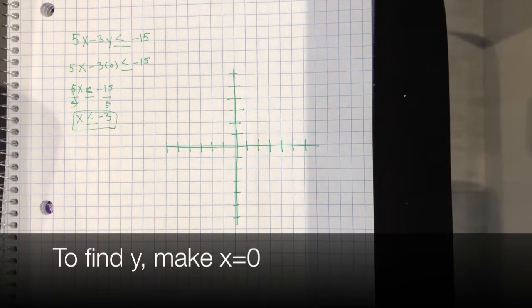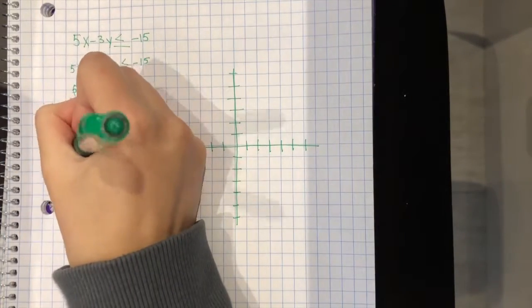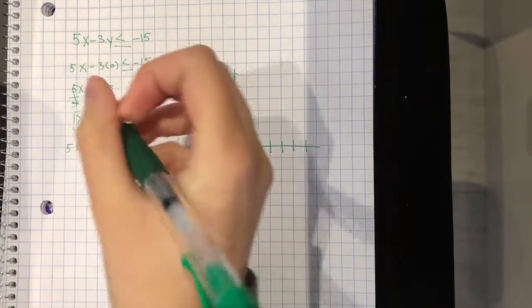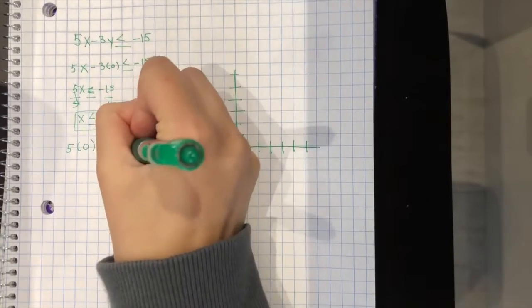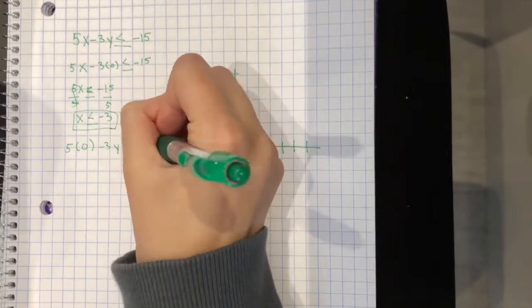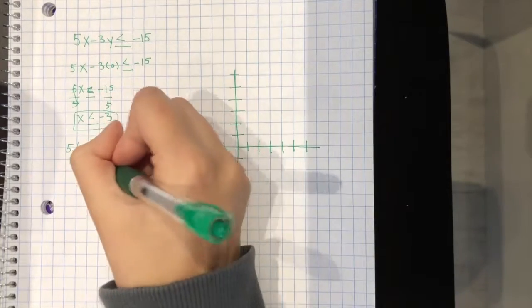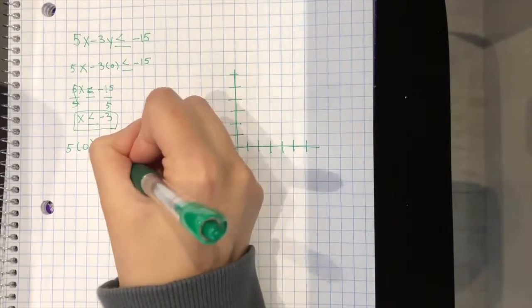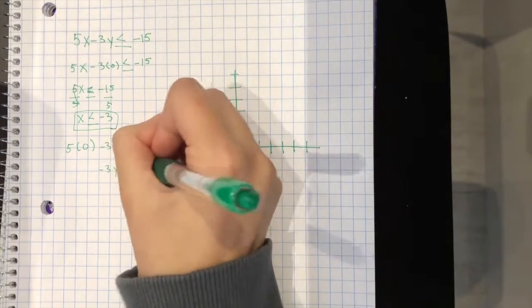So we have 5 times 0 minus 3y is less than or equal to negative 15. 5 times 0 is 0, so we're left with negative 3y is less than or equal to negative 15.